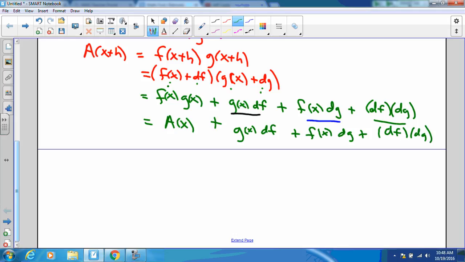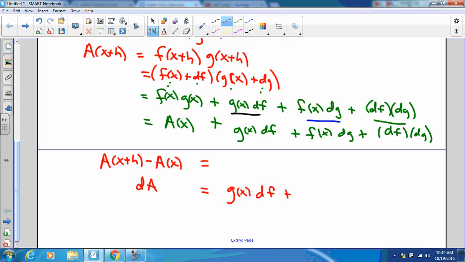Okay? What Leibniz does is he subtracts the original area to get A of x plus h minus A of x. He subtracts A of x from both sides, and this he calls dA. It is the change in A that is caused when x changes by h.